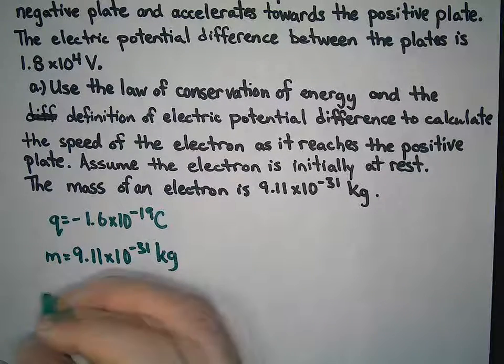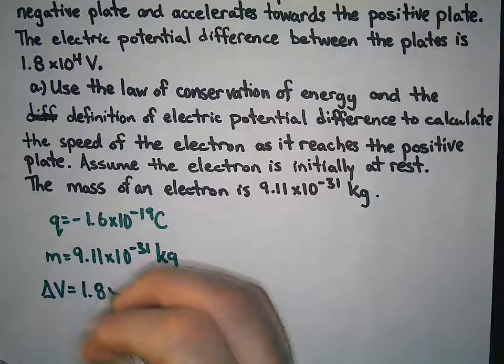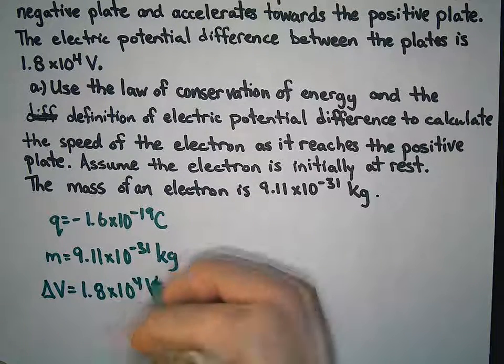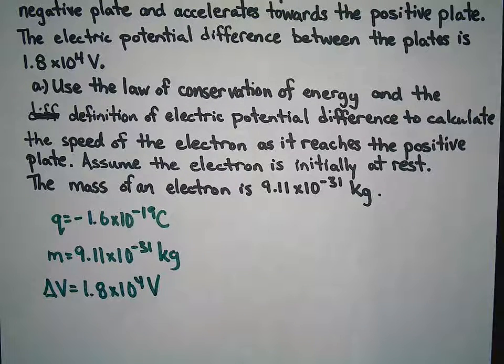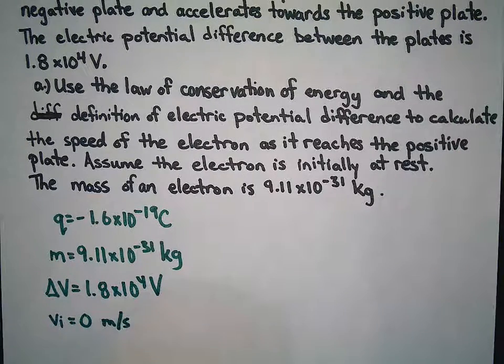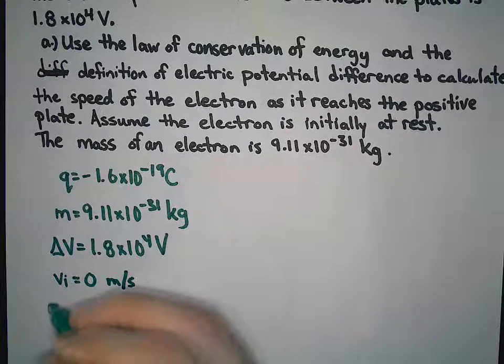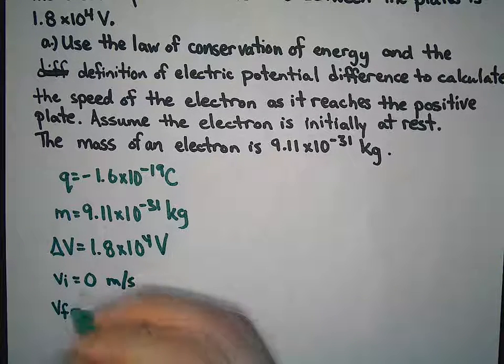Our electric potential difference, delta V, 1.8 times 10 to the 4th volts. And we're given that it is initially at rest. What we will be calculating is the final speed, Vf.